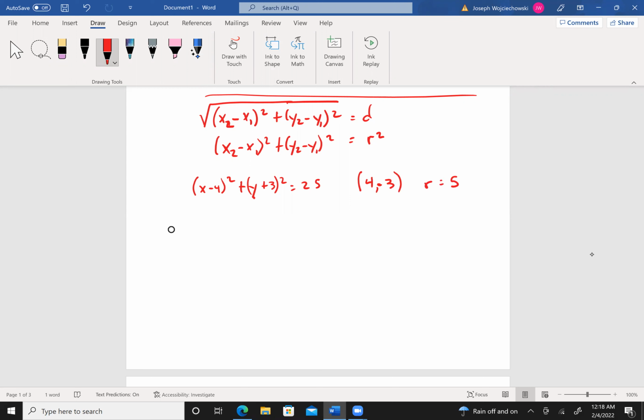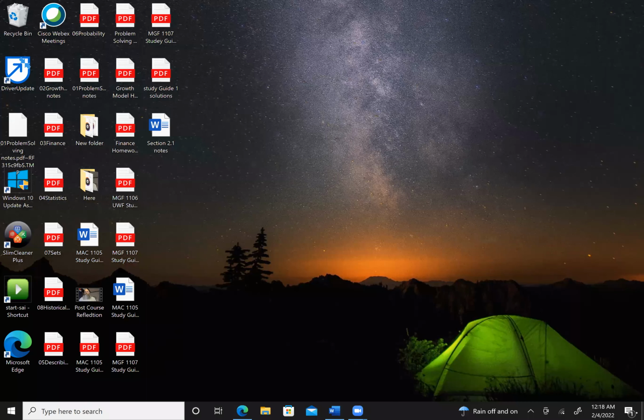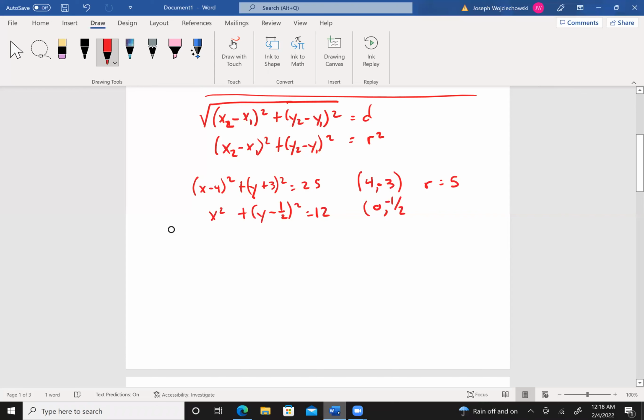Likewise, we could have something like this, x squared plus y minus 1/2 squared equals 12. My center here is, well, I have my x minus 0 squared, so 0 and 1/2.